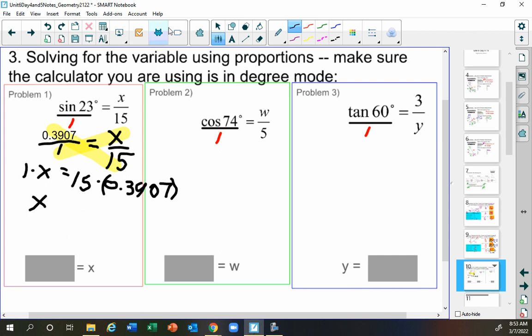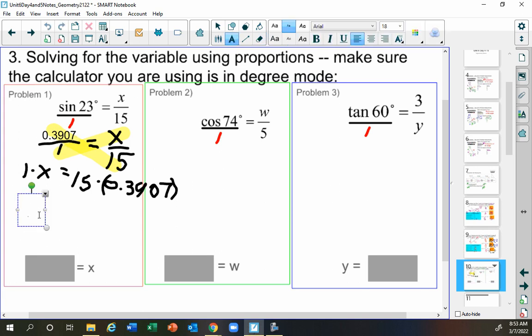So then your x, I'll type it in. So then x equals 5.8609, but if you said 5.86 or 5.861, that's okay. That's acceptable.